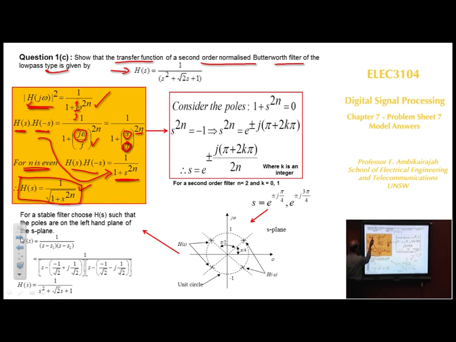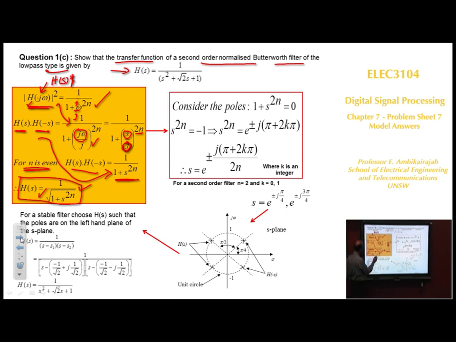Or you can go back here again and substitute this j omega, and this will be H(s) squared, this will be H(s). Well, it's better not to do the magnitude, but H(s) squared. From that you can find H(s) as well. So it doesn't matter. All you need to do from the magnitude is convert this, and then you get this part.